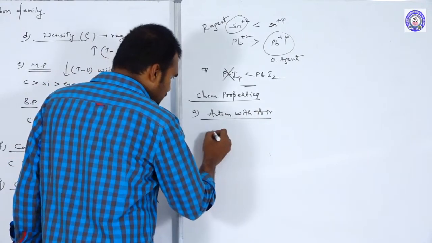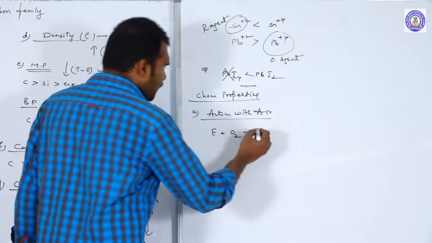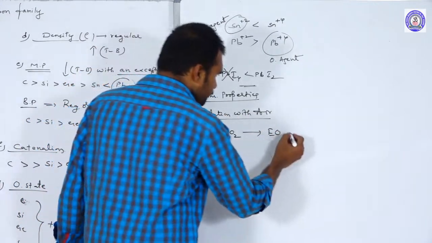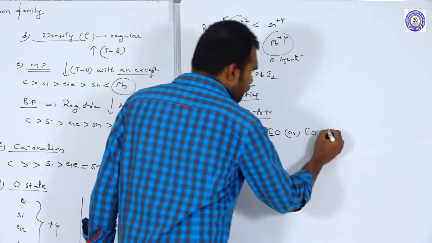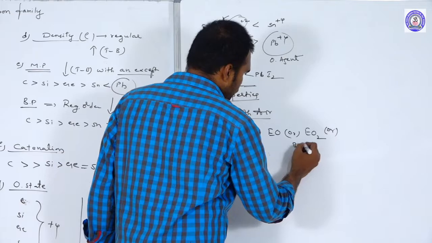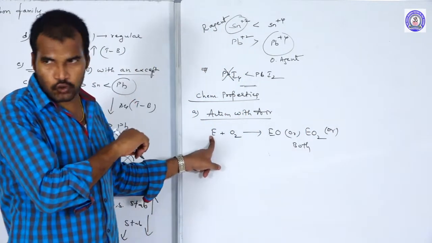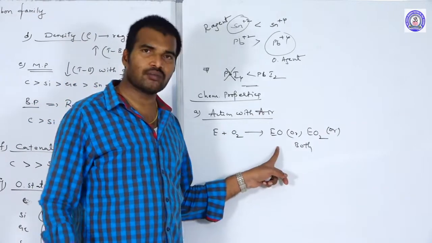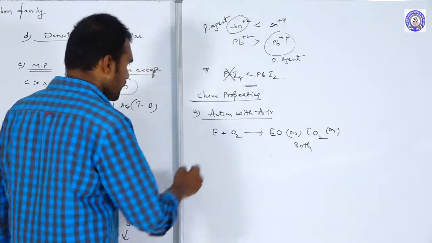So when these elements react with the oxygen present in the air, they form EO type or EO2 type oxides, or both. Here E means the group 14 element. Let us take a few examples.